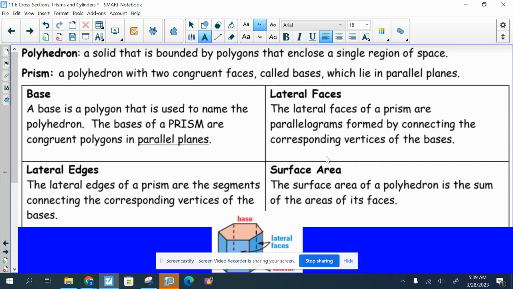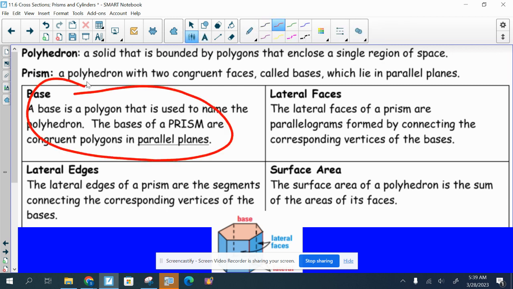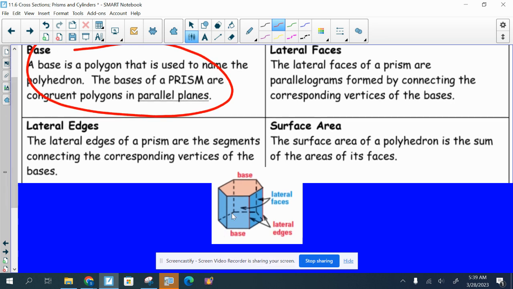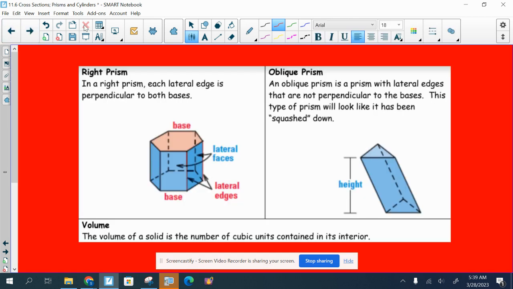That's more for finding surface area. Just the base part is what we are interested in. I guess you do need to know the lateral because you need to know the height of the base when you're finding the volume, because volume, as we see, involves height.